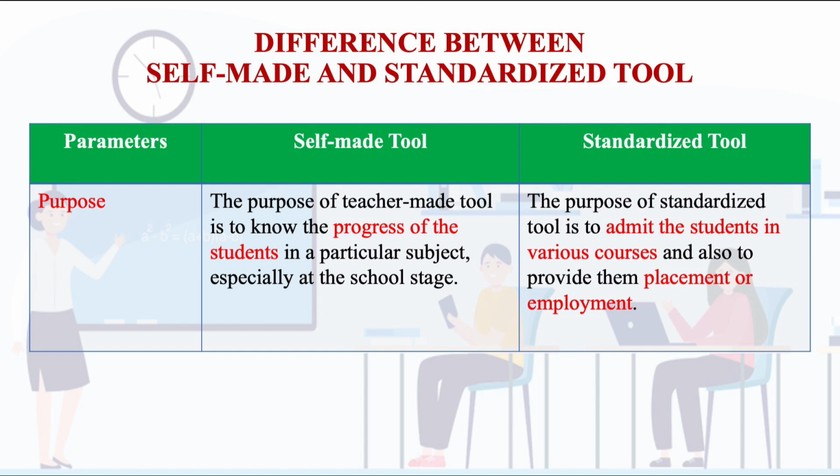The purpose of a self-made or teacher-made tool is to know the progress of the students in a particular subject, especially at the school stage, whereas the purpose of a standardized tool is to admit the students in various courses and also to provide them placement or employment.